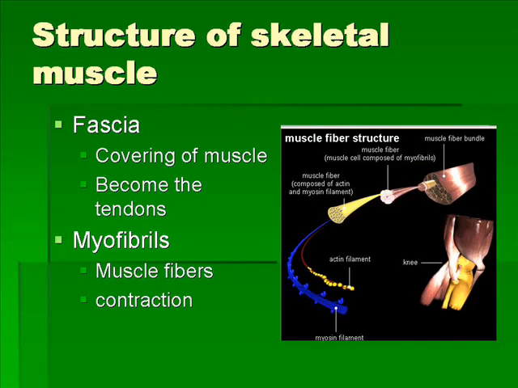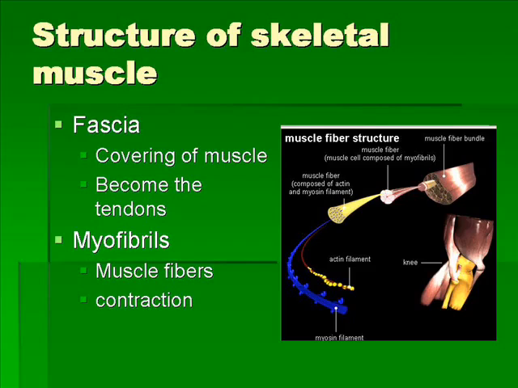Alright, now moving on to the actual structures of skeletal muscle. Now I say skeletal muscle specifically because this first thing, the fascia, this first structure, is only in skeletal muscles. And if you look at what it becomes, the fact that it becomes a tendon should be a dead giveaway that it's only involved with skeletal muscles. Because the tendons are necessary to hold the joints together, to stabilize the joints, right?